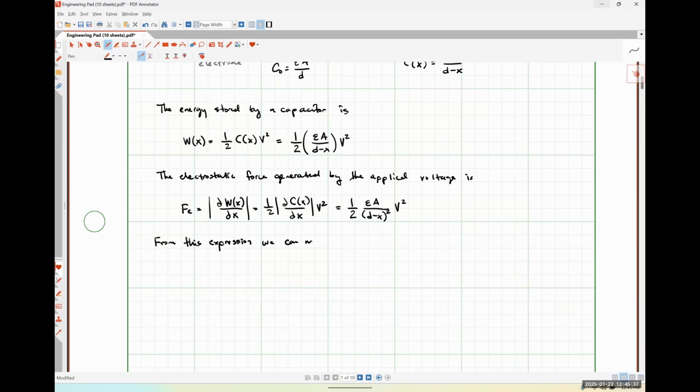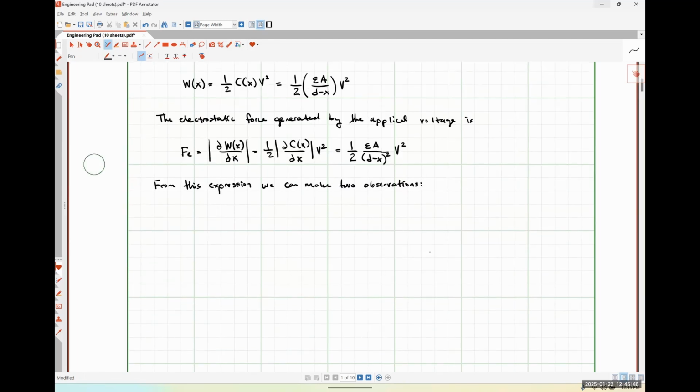And from this particular expression, we can make two observations, okay? So the first observation that we can make is that the polarity of the applied voltage does not matter, okay?